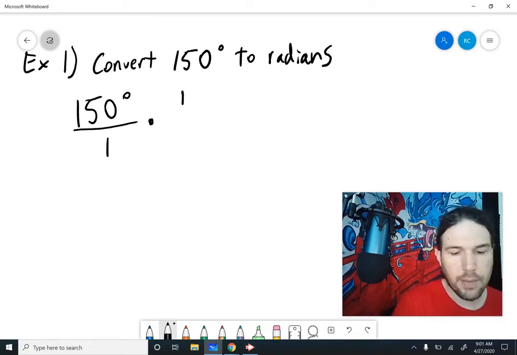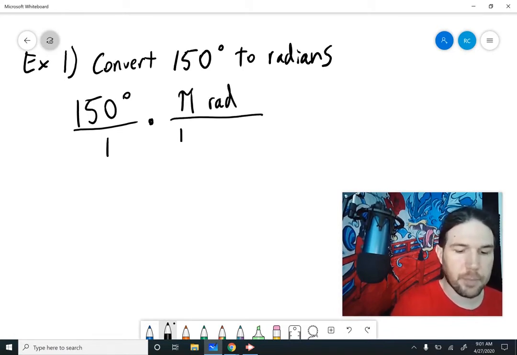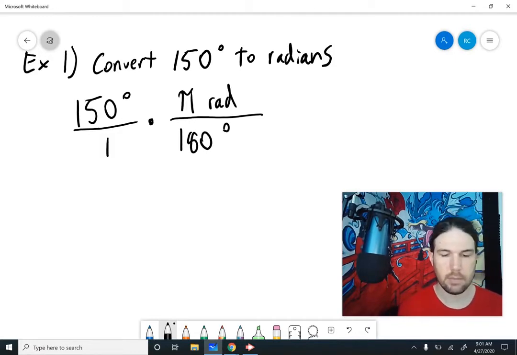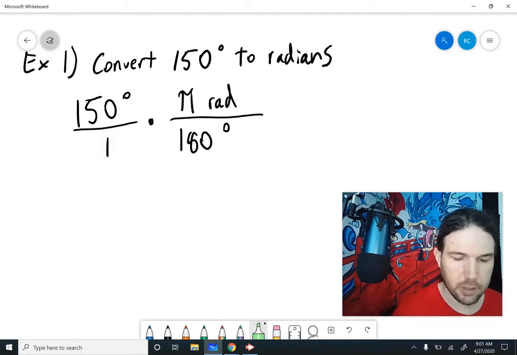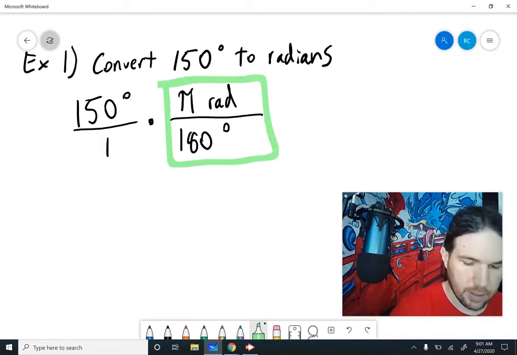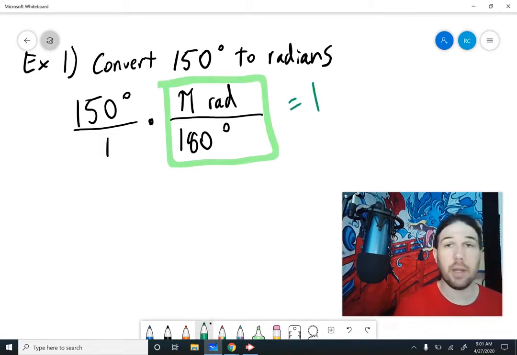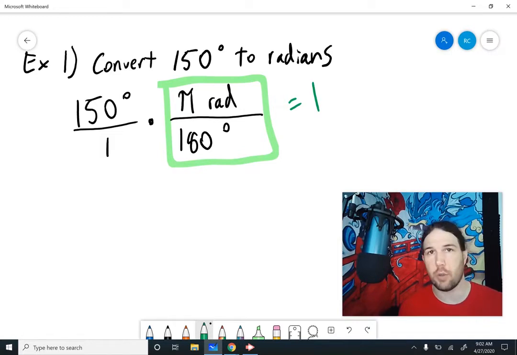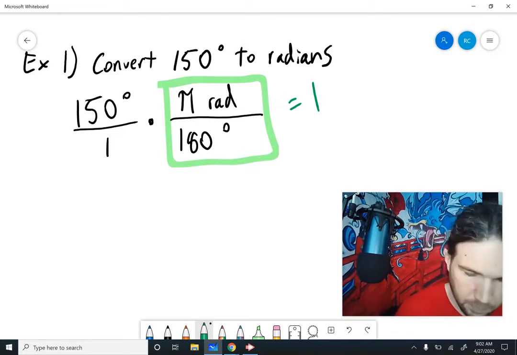We know that there are pi radians in 180 degrees. This fraction here that I just made is actually equal to 1 because those are 2 equivalent values, right? Pi radians and 180 degrees are the same value, so their quotient is 1. So we're not actually changing the value, we're just changing the units.